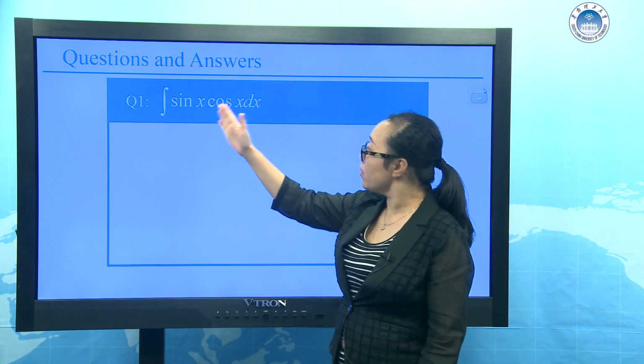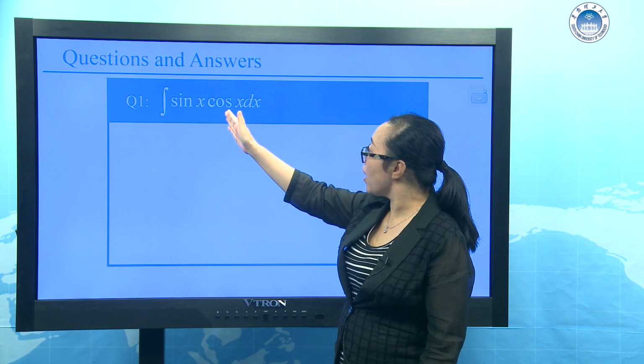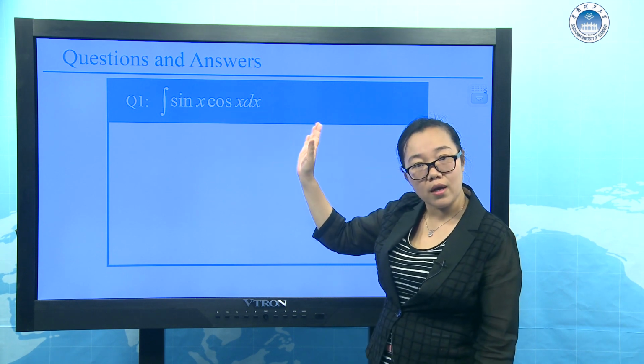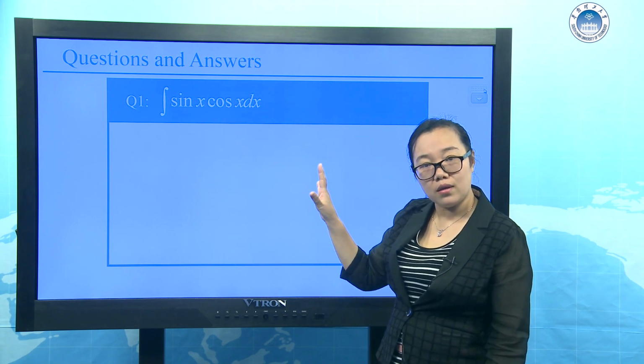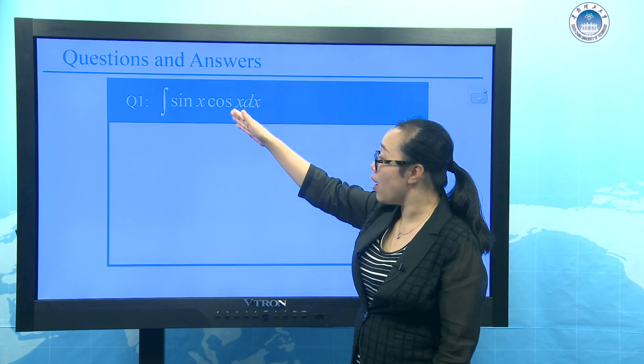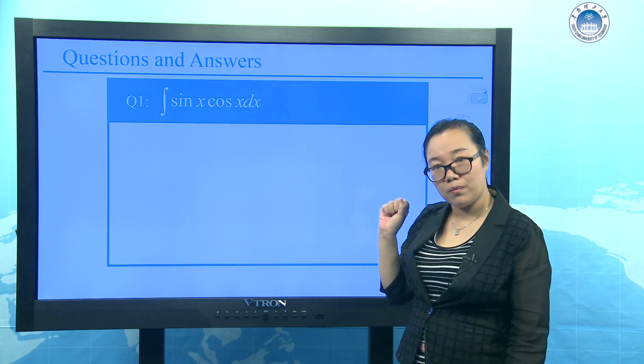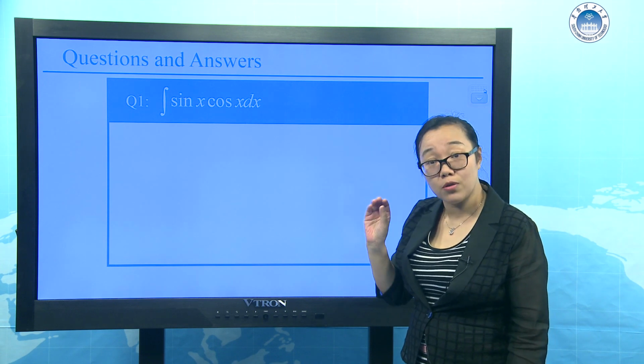Question 1: integrate sin x times cosine x dx. Pay attention: the power is 1 and 1. How to write it? Yes, using substitution. Let u equal cosine x, so du equals minus sin x dx.